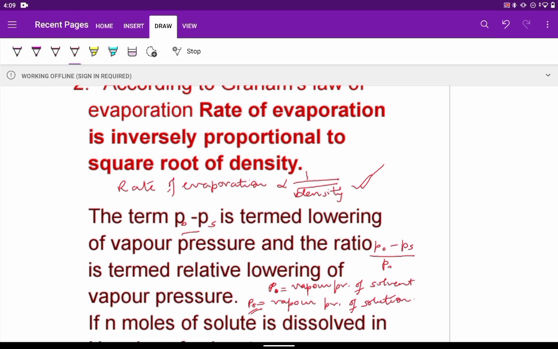So the lowering of the vapor pressure can be given by the term PO minus PS. If we have to mention the relative lowering, then we take the ratio. So the relative lowering of vapor pressure is PO minus PS divided by PO, because PO is the vapor pressure of pure solvent.